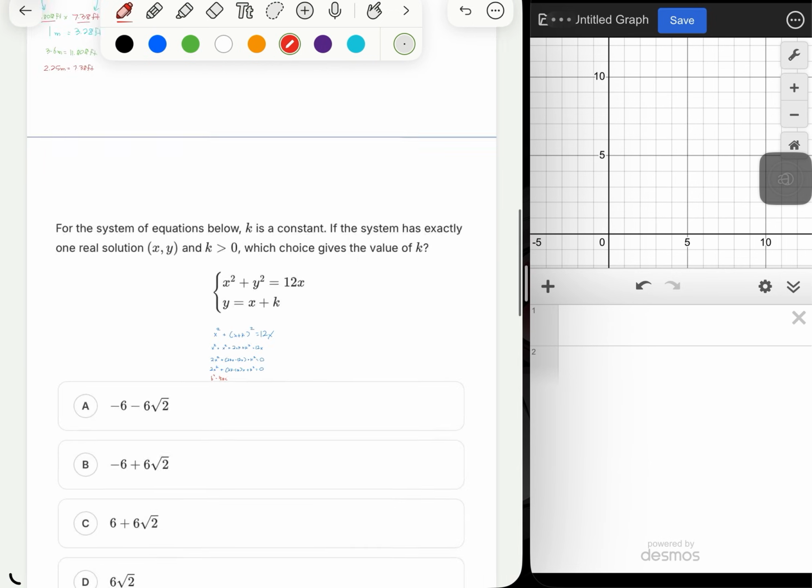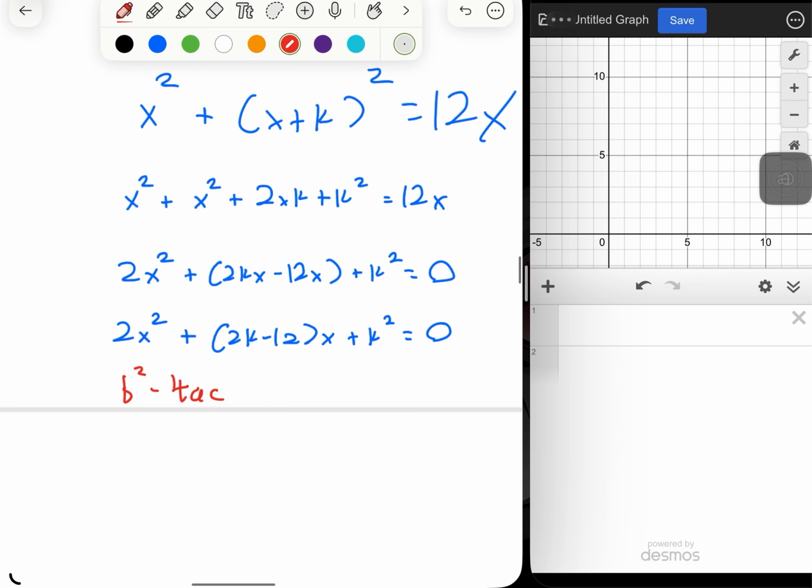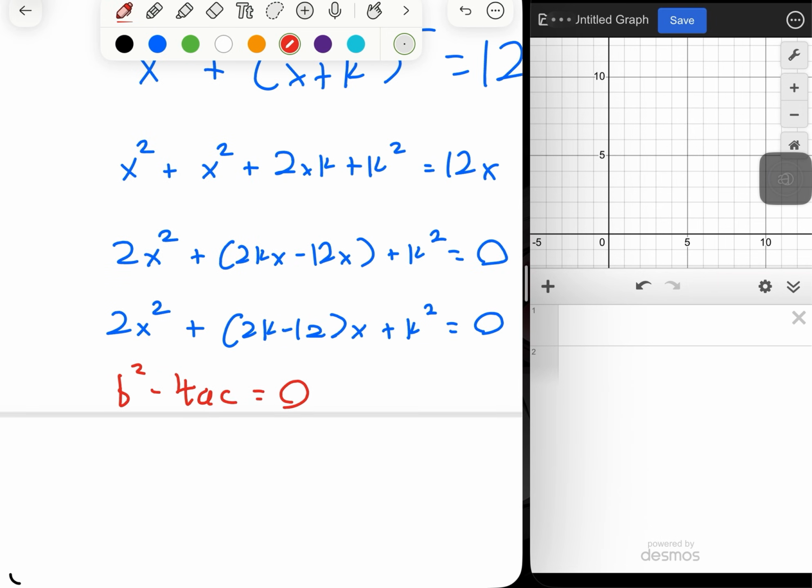In this case, because the system has only one real solution, and anytime you have a quadratic which only has one real solution, the discriminant is equal to 0. So let's find the discriminant first.